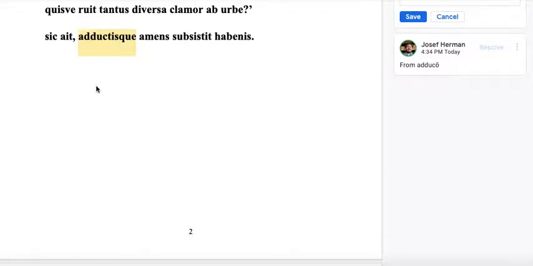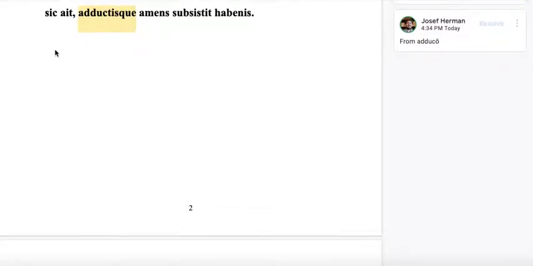And then you have a phrase here, sic ait, which is very common in Virgil. It means thus he speaks, or so he speaks. Sic means thus or in this way, and ait means he speaks. So he speaks, thus he speaks.